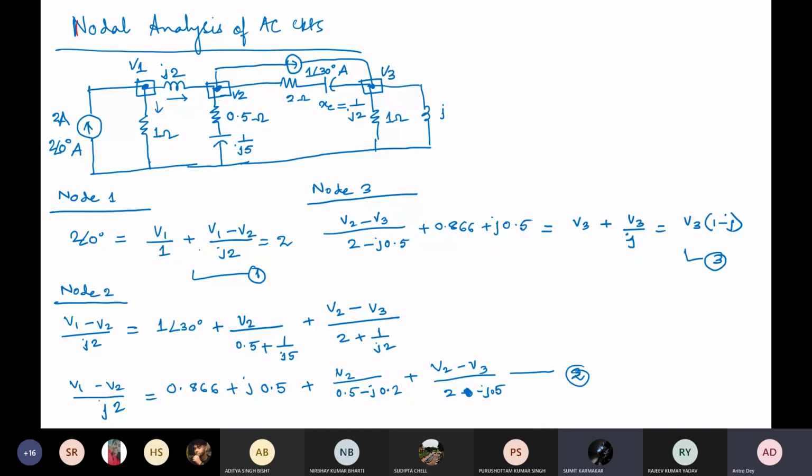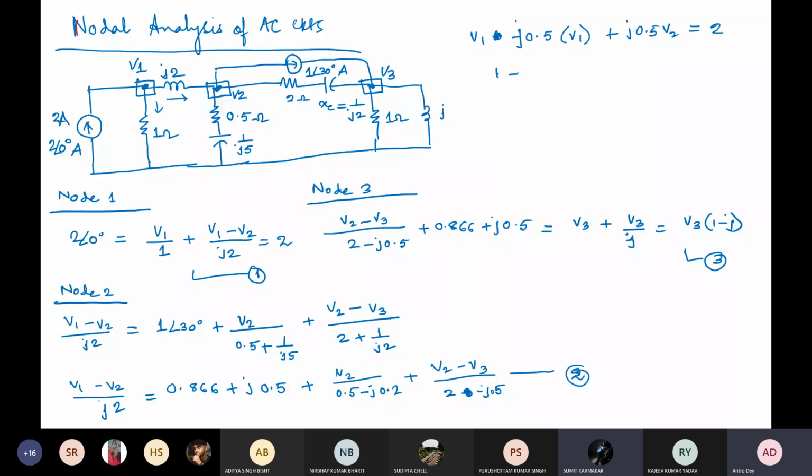You rewrite your equation 1 as V1 plus, if you take 1 by J2 as minus 0.5 J, then you can write it as minus 0.5 J into V1 plus J 0.5 into V2 is equal to 2.